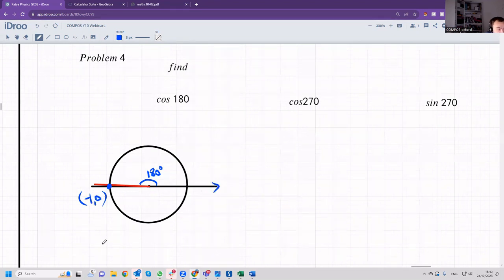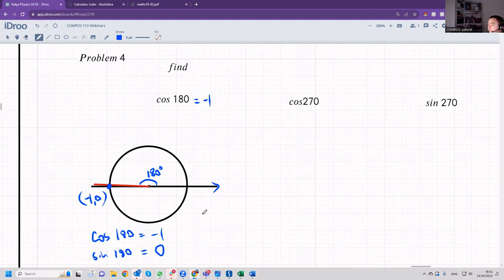Yes. That means cos 180 is minus 1, and sine 180 is 0. We needed cos, so cos is minus 1. Easy, right? Type E if you think it's easy, and type H if you don't find it easy.